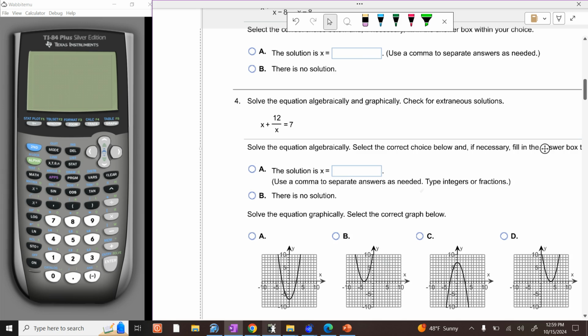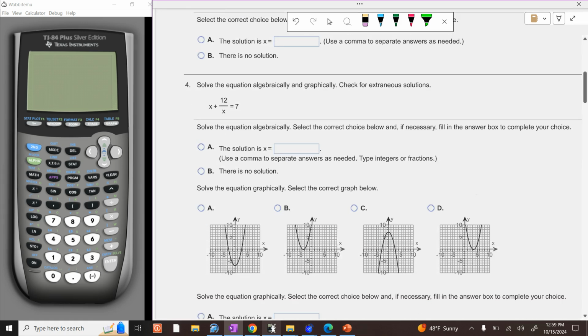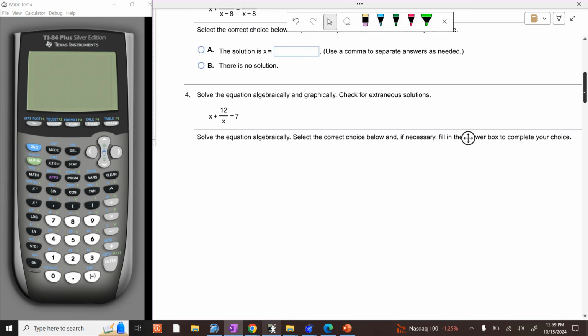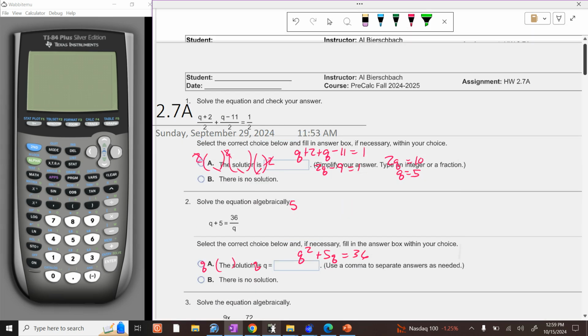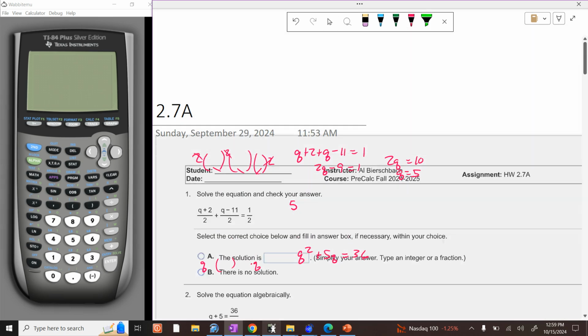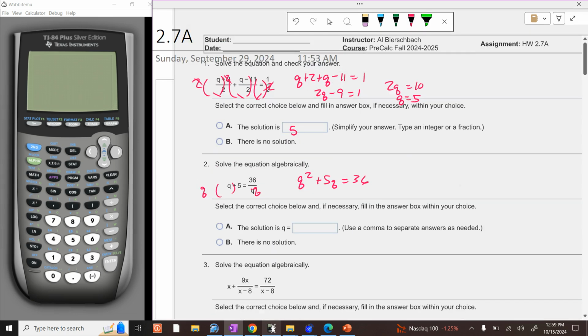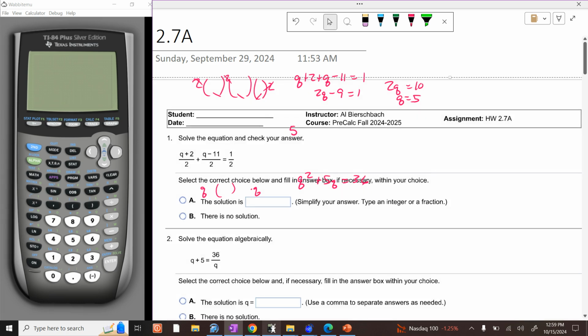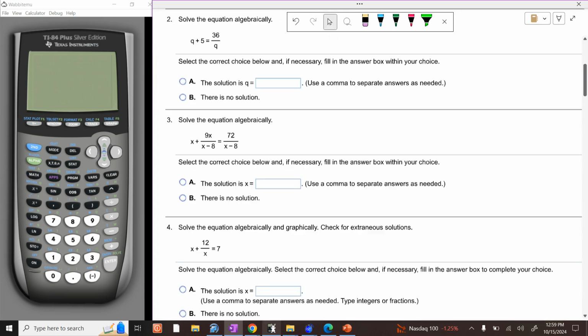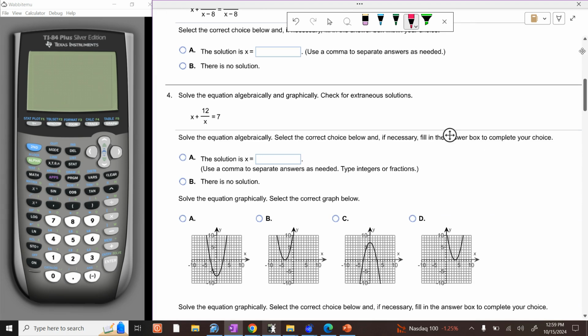All right, let's do number 4 here. Number 4, if we multiply both sides by x, we get x squared plus 12, because x over x cancels, equals 7x.